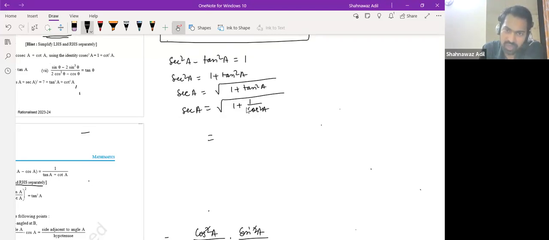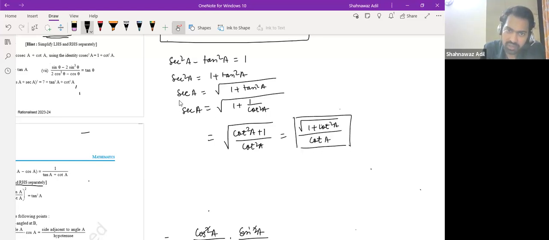To simplify, this would be the root of cot square A plus 1 divided by cot square A. So this is the root of 1 plus cot square A divided by cot A. We can write this one, or we can write that one. Both are correct. So this is the third.